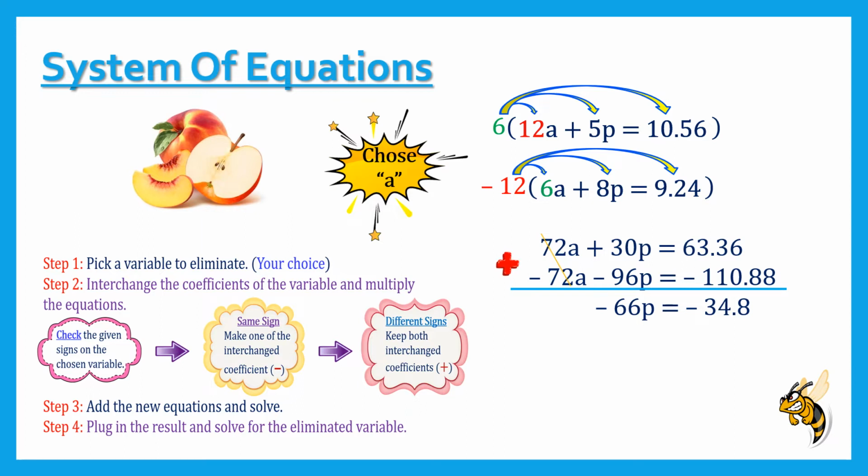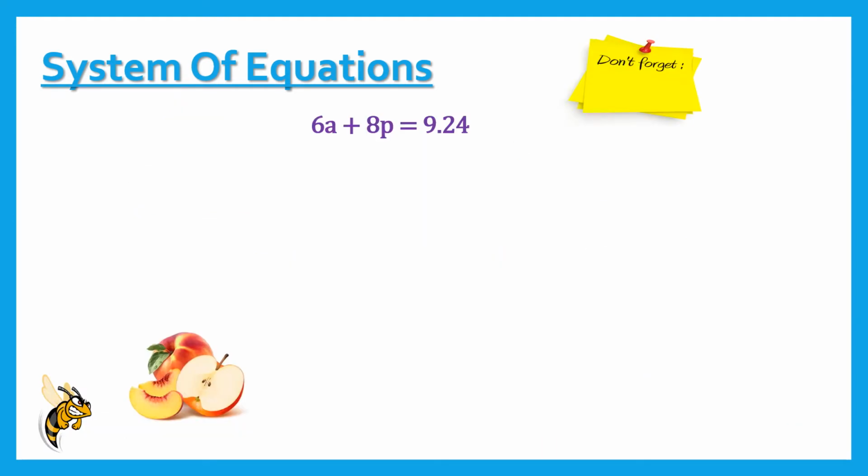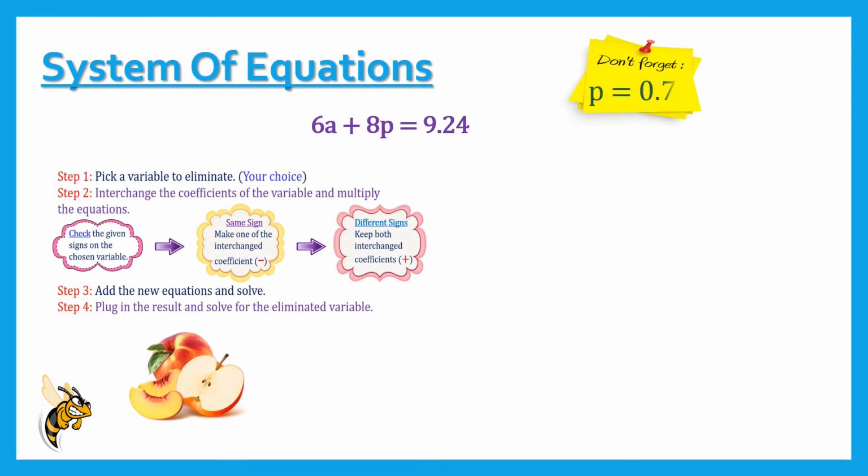To get rid of the coefficient of negative 66, I need to divide both sides by negative 66. P is therefore equal to 0.72. Now that I know that P is 0.72, I can replace that value in one of the equations and solve for A. So remember, let's not forget that P is 0.72.